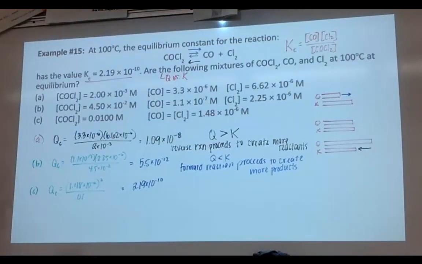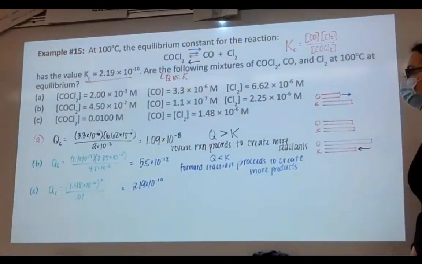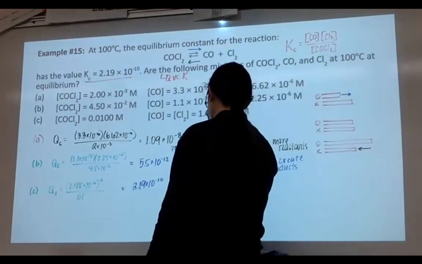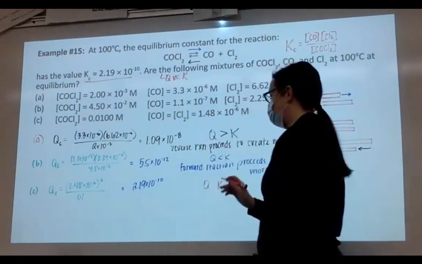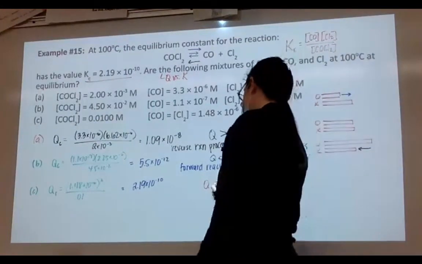Now in the case of part C, when you solve for part C, you get 2.19 times 10 to the negative 10. Well, compare Q to K. Q is 2.19 times 10 to the negative 10. K is 2.19 times 10 to the negative 10.